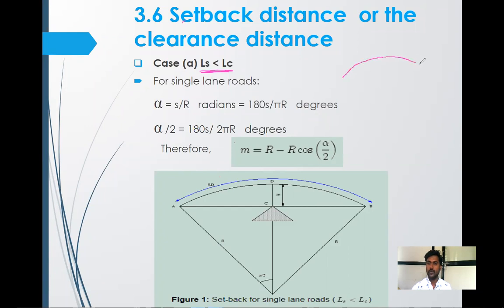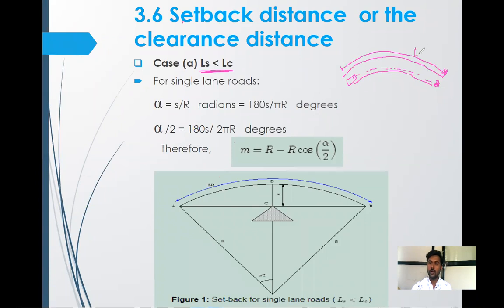See here, if this is the curve, and here is our vehicle, and here is our obstruction or another vehicle. The vehicle is traveling this much length, sees the obstruction, and will stop here.